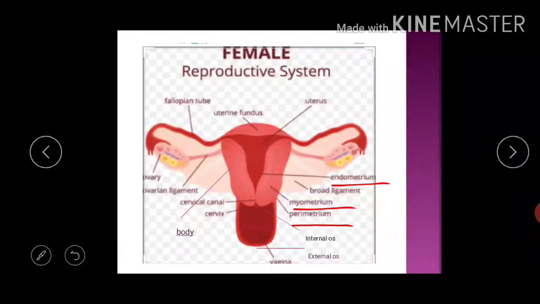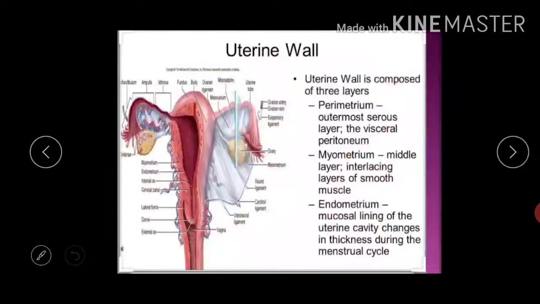The thickness of this layer regularly changes during the menstrual cycle, and it is richly supplied with blood vessels and uterine glands. These provide nourishment to the fetus, because the fetus comes and binds here only, in the endometrium.